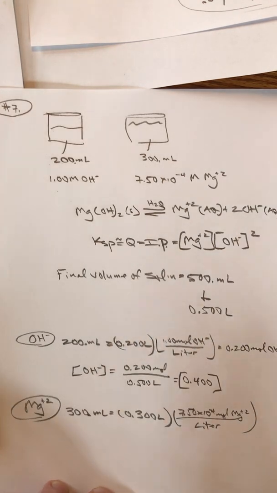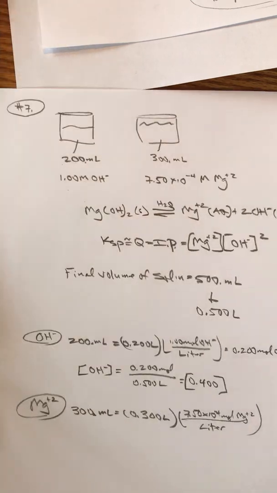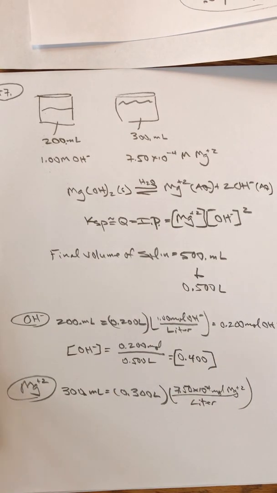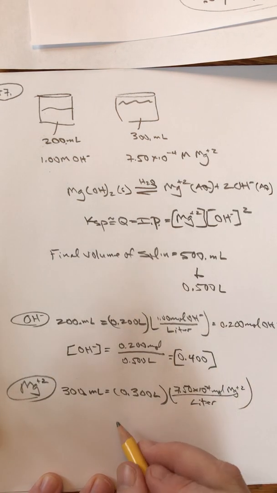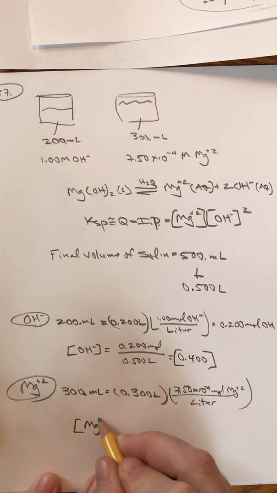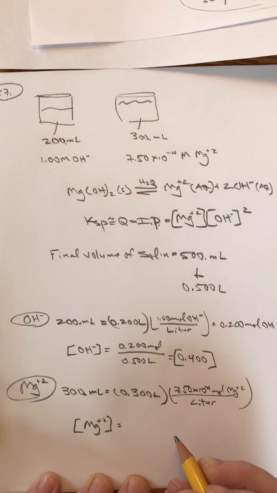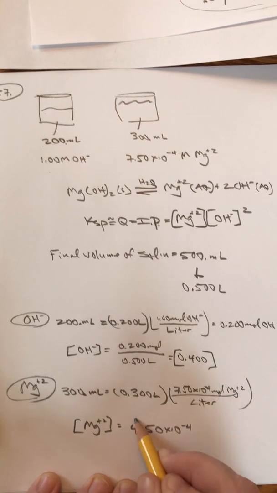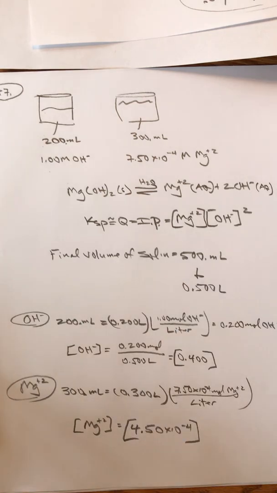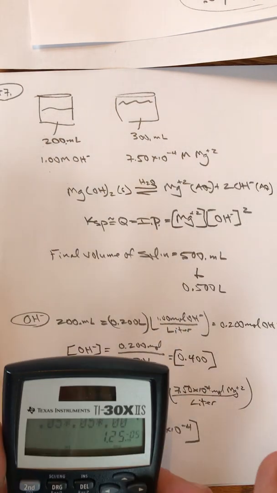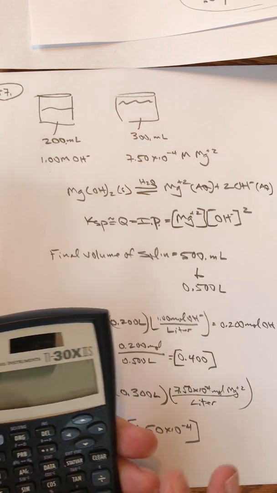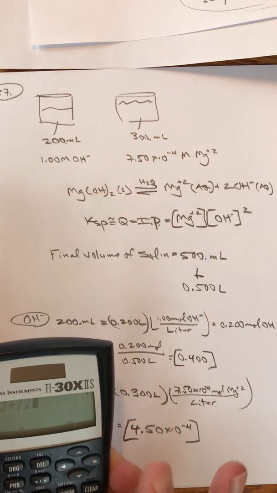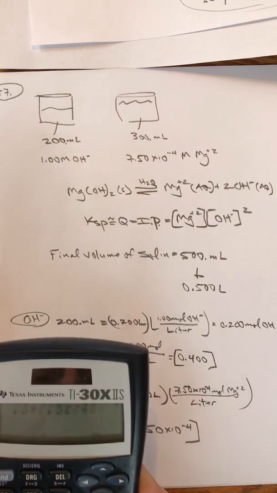So that turns out to be, I could plug it in my calculator or look at the solution I just did, magnesium turned out to be 4.50 times 10 to the minus 4. Check my math here really fast. 0.3 times 7.5 E negative 4.